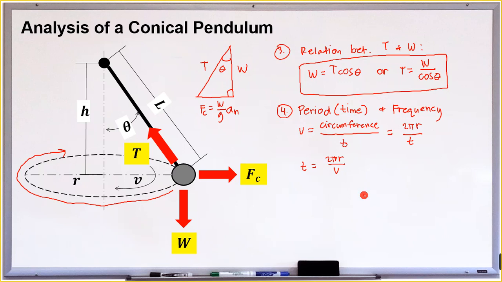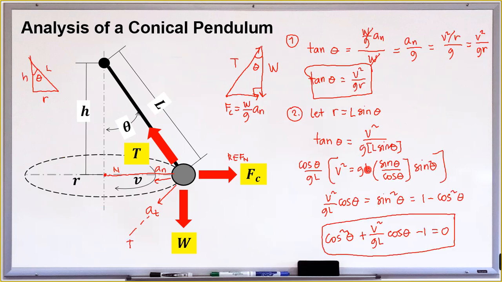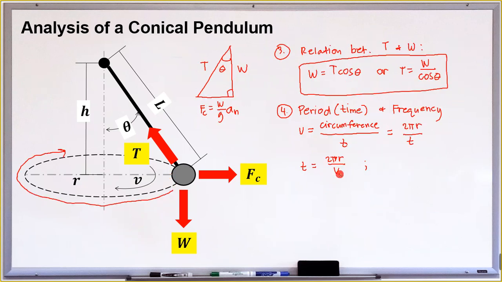Now we are going to look for an expression of the velocity. From the previous slide, we know the velocity is equal to the square root of g r tangent of theta. So we're going to use this one.